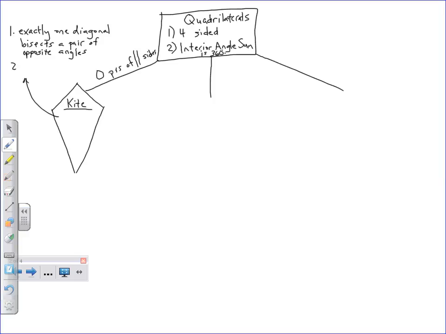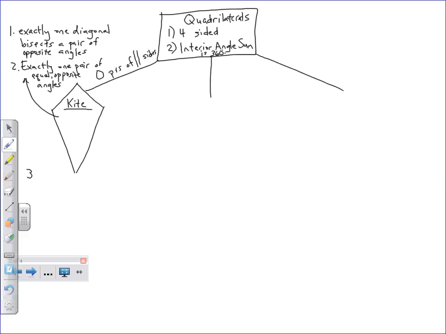The second defining characteristic is that there is exactly 1 pair of equal opposite angles. And if there were 2 pairs, then that would give us a parallelogram.